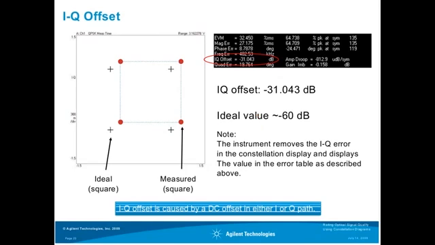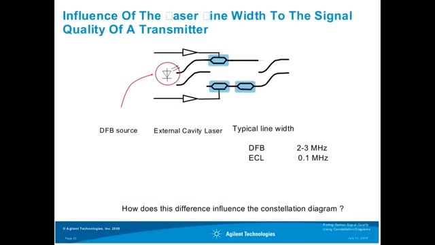In this case, the instrument measured minus 31 dB of IQ offset. Just to give you an indication, a very good value would be minus 60 dB. And the reason for this IQ offset is typically a DC offset in either the I or the Q path.